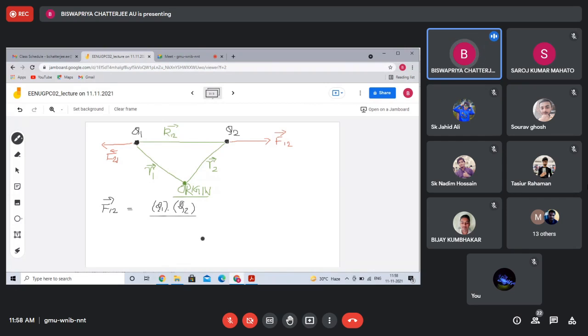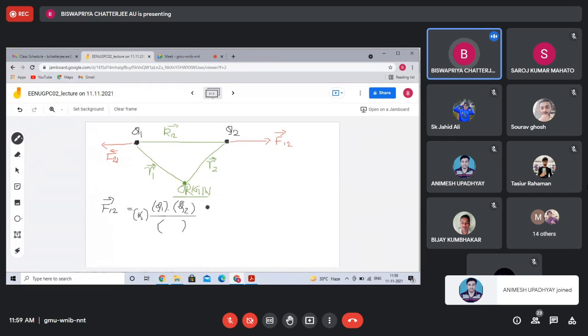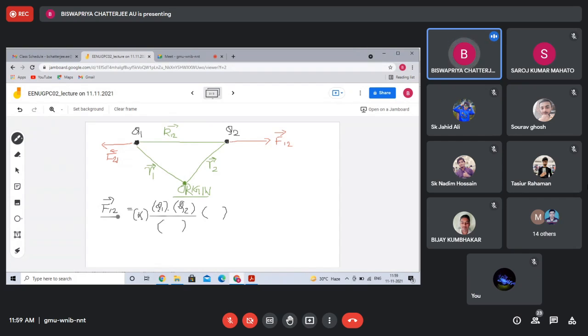In front there is a constant, 1 by 4 pi epsilon naught, which you know. Now this distance will be a factor, and you must also include the unit vector, because force is a vector. Now what is R12 all about?